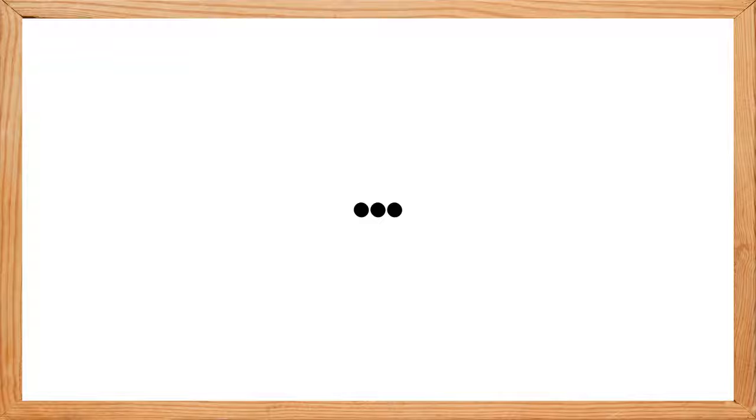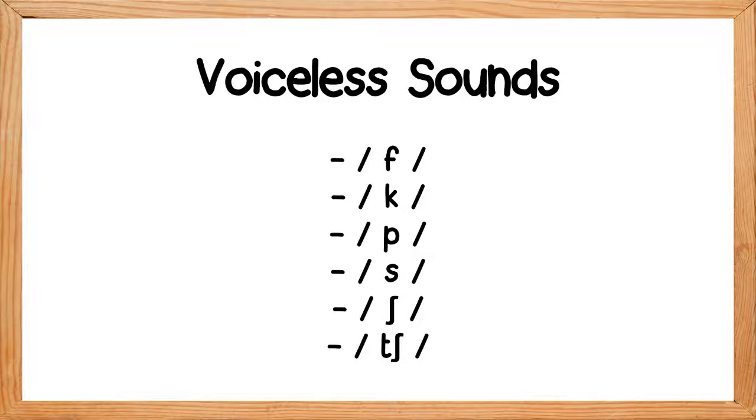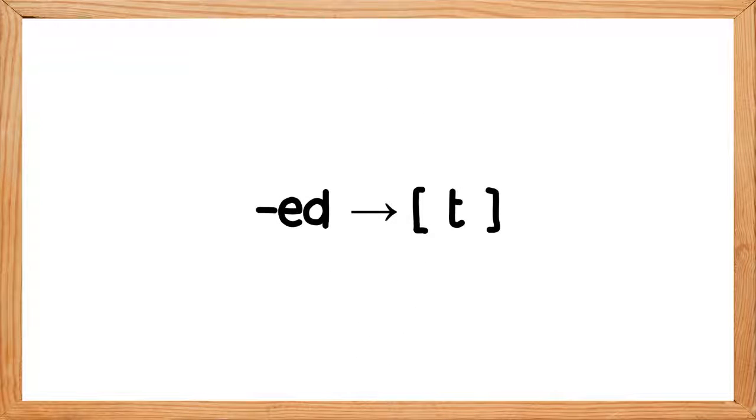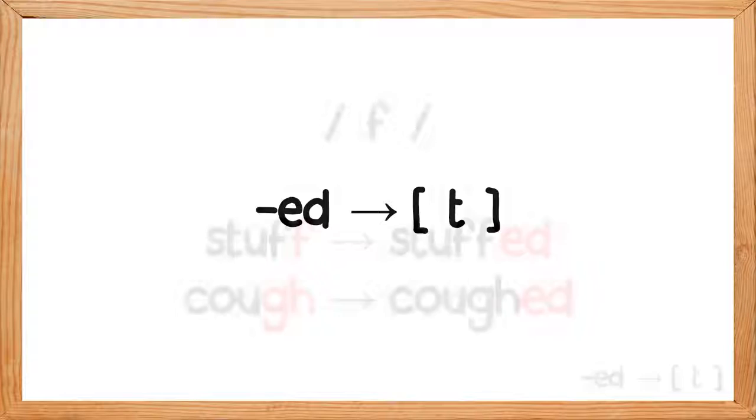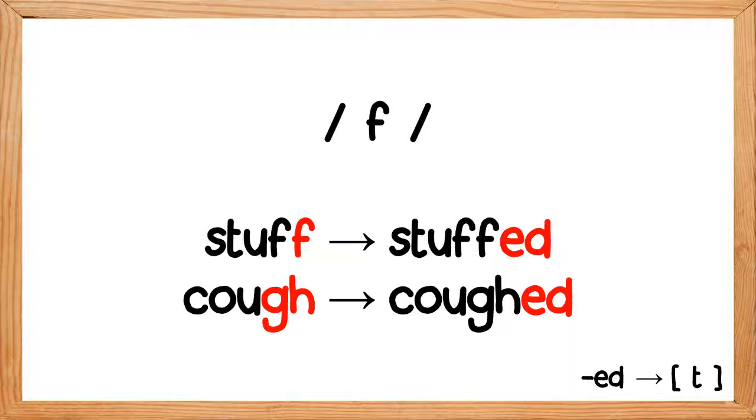When the infinitive form of the verb ends in a voiceless sound, it means a sound that doesn't have a real sound, the ed is going to be pronounced as a T. I will make a list of the voiceless sounds and their pronunciations in the past simple. F sound, as in stuff, will become stuffed, stuffed.